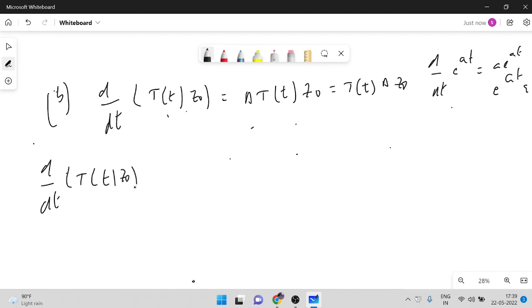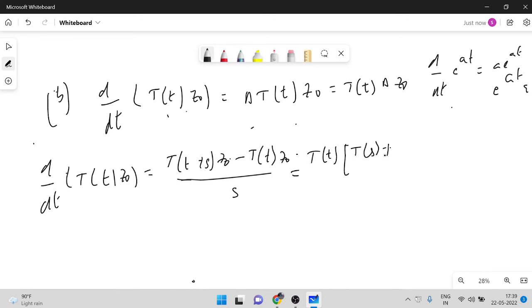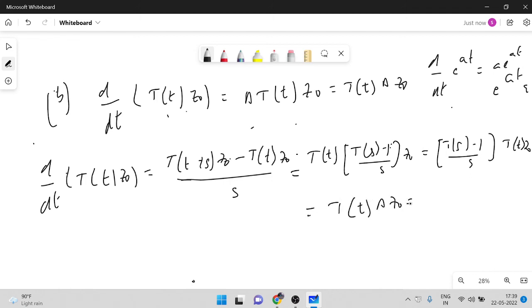The derivative of T of t z naught equals the limit as s goes to 0 of T of t plus s z naught minus T of t z naught by s, which equals T of t into T of s minus identity into z naught by s, which equals T of s minus 1 by s into T of t z naught. So take s to be small, and what you get is d by dt of T of t z naught equals A times T of t z naught.